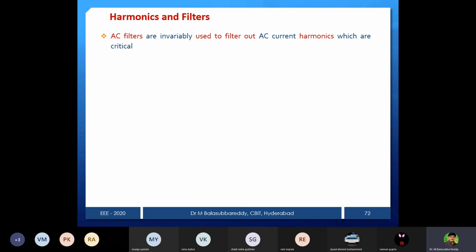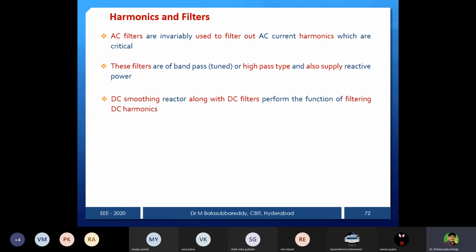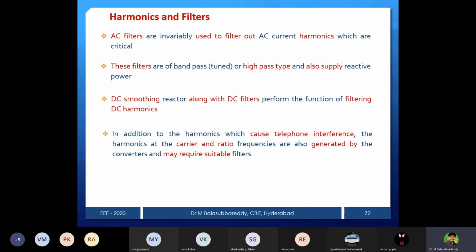On the DC side, you can use a smoothing reactor to filter out the DC harmonics, but the AC harmonics are critical. The AC filters are band pass, also called tuned filters, or high pass type, and supply reactive power. The DC smoothing reactor along with the DC filters performs the function of filtering DC harmonics.